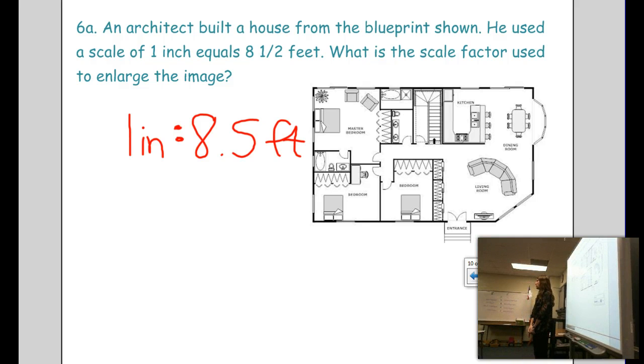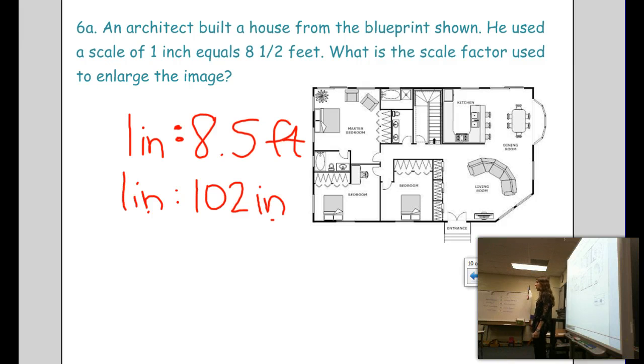How many inches are in a foot? 12. Hopefully everyone knows that. Think of a ruler. 12. So 1 inch equals, what's 8.5 times 12? 102. Sounds good? Yeah. So 1 inch is to 102 inches. Now we've got inches and inches. So what's the scale factor? How much bigger is the real room?